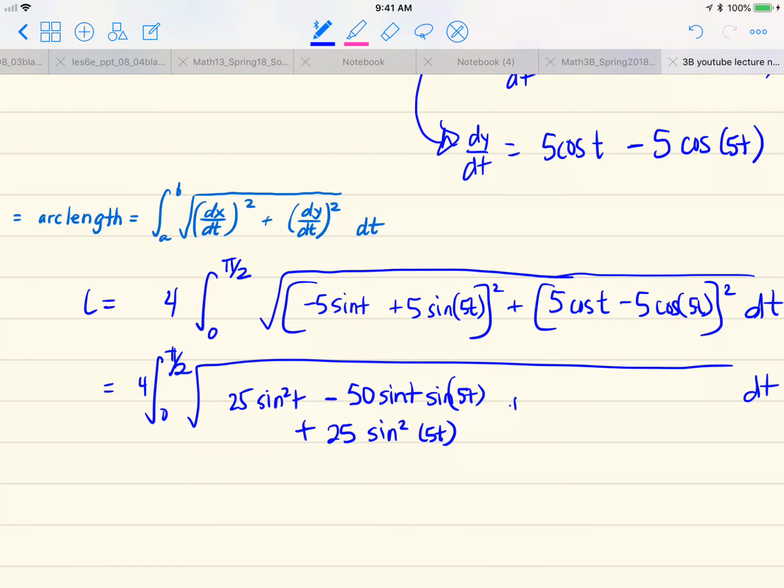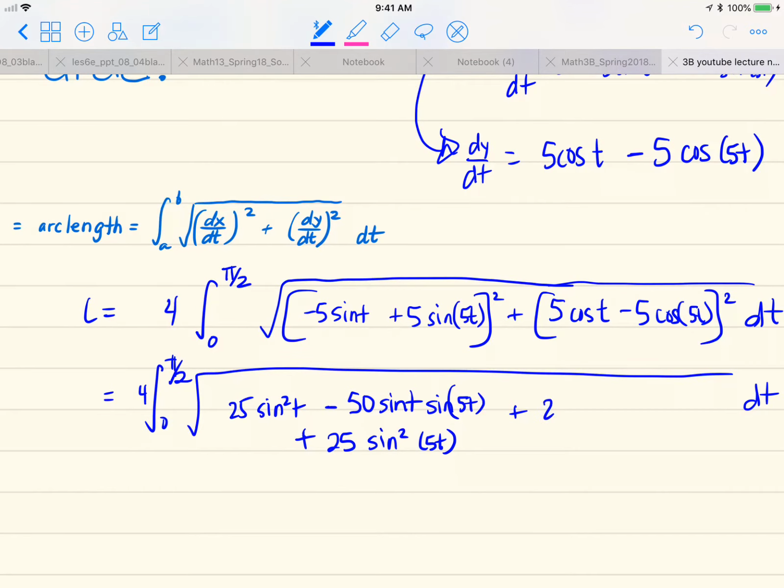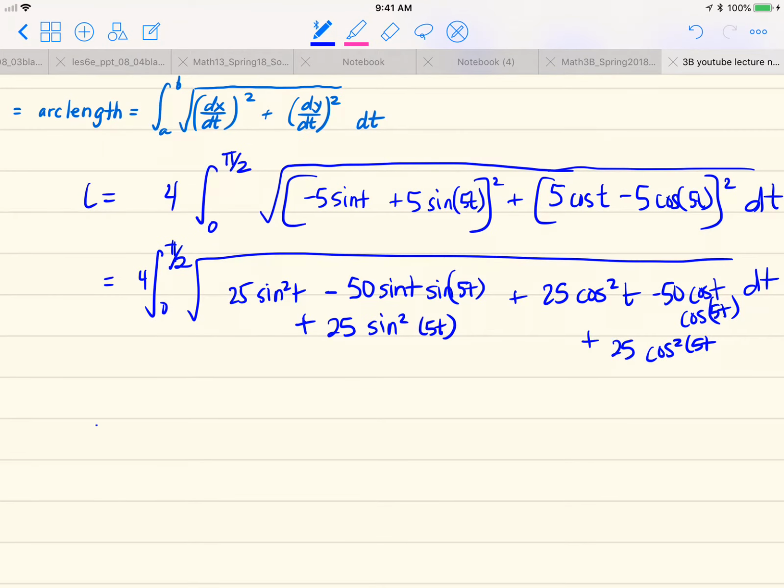And then over here I'll have plus 25 cosine squared t minus 50 cosine t cosine 5t. Okay, and then plus 25 cosine squared 5t. Okay, equals, and we have 4, and then the integral from 0 to pi over 2.